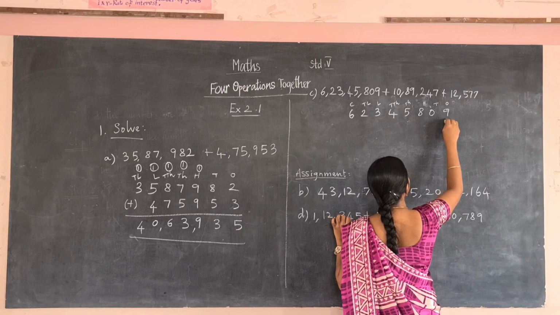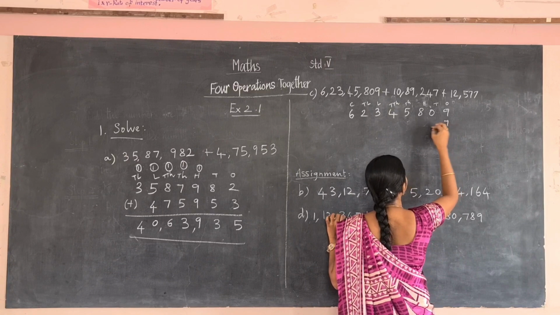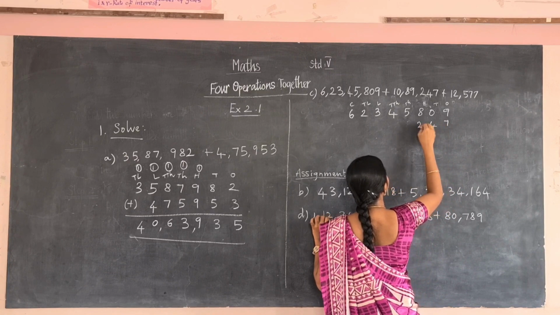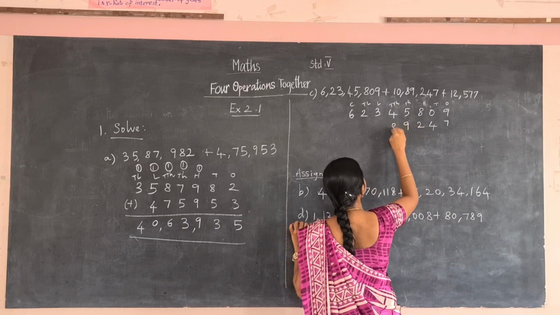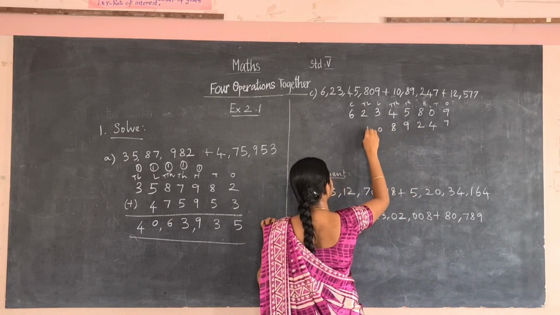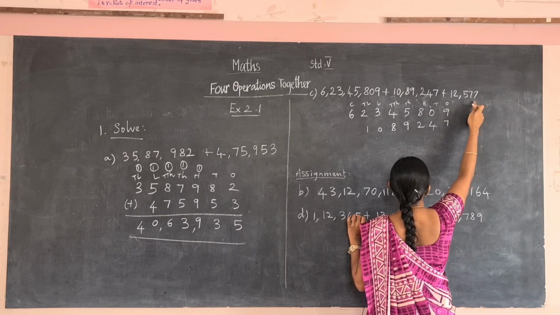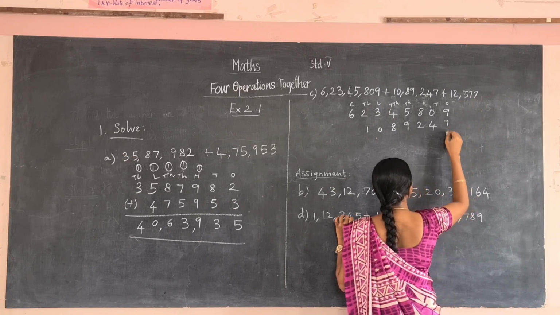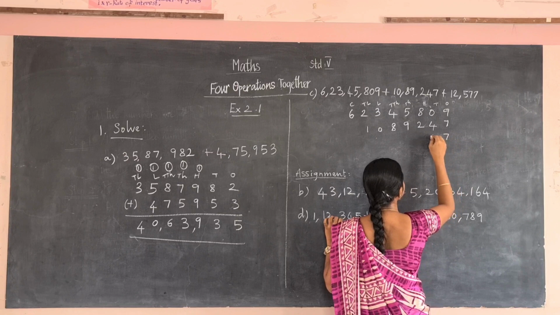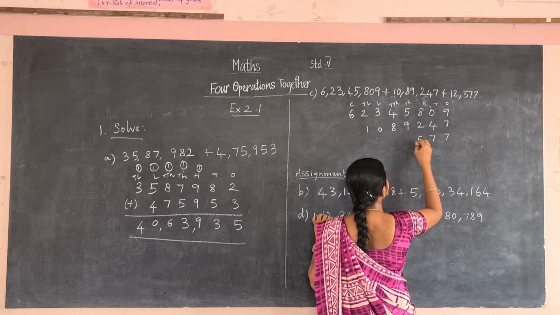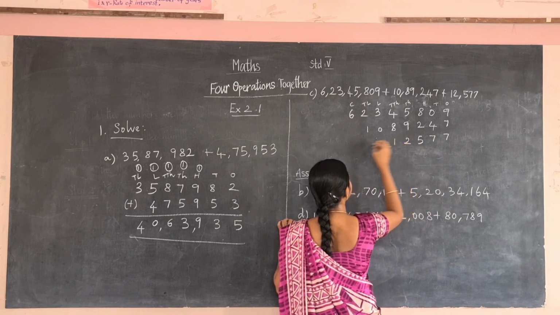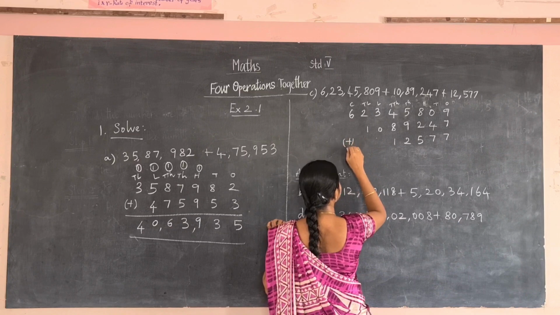So, you have to start writing from 7, 4, 2, 9, 8, 0, 1. For the third number, you have to start writing from the rightmost number. That is 7, 7, 5, 2, 1. Add these three numbers.